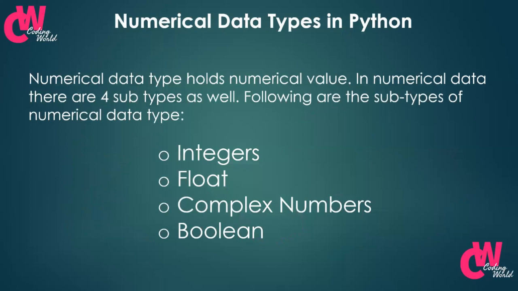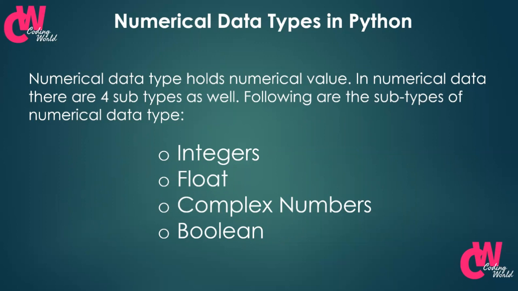So first of all, the numerical data types in Python. As we see from the name numerical, what comes to our mind is that there will be some numbers in the data. So numerical data types hold numerical values. In numerical data, there are 4 subtypes as well.